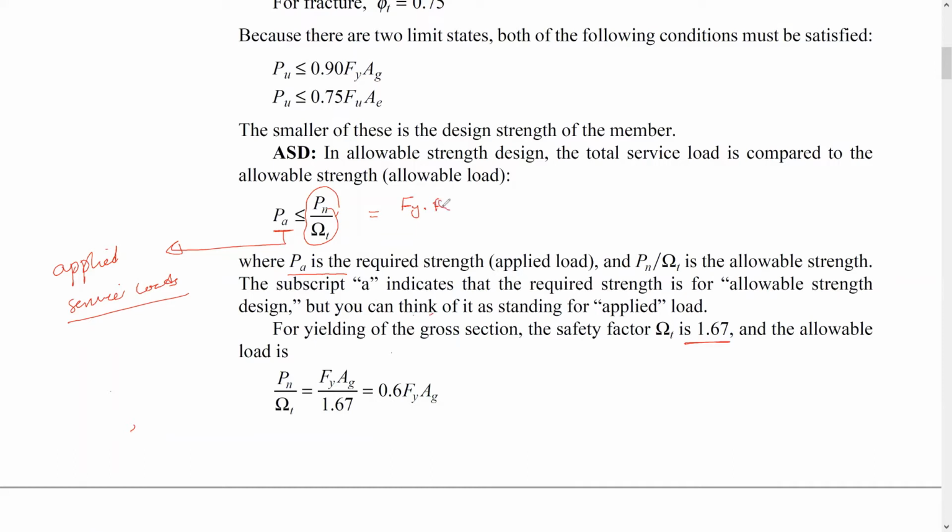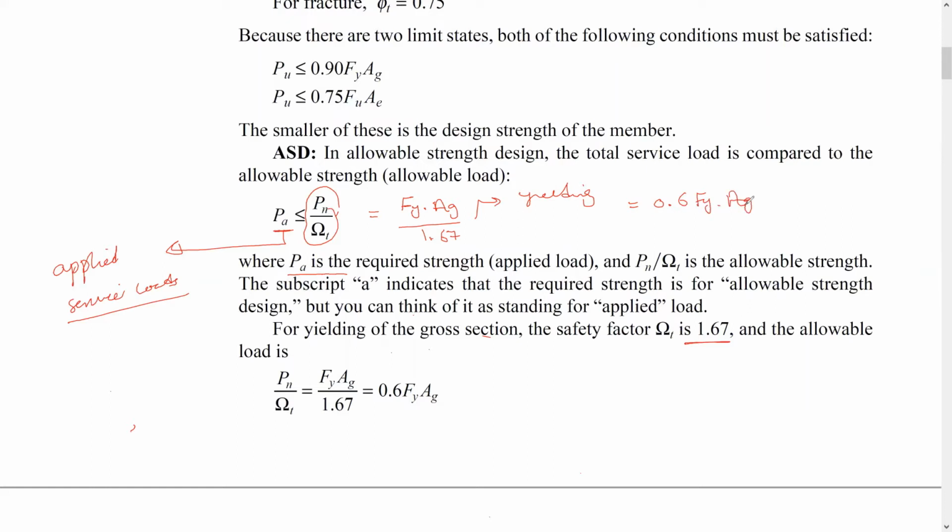So this is the gross area divided by the safety factor, which is 1.67 in the case of yielding. Okay, this is for yielding. Okay, in the case of fracture, if you just divide 1 by 1.67, you will see that this one is going to be 0.6 Fy times the gross area.